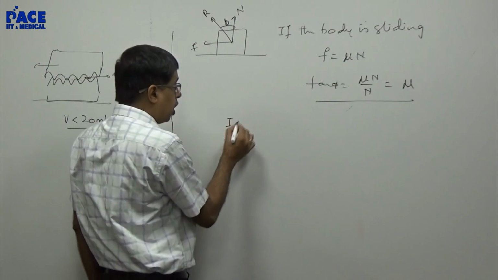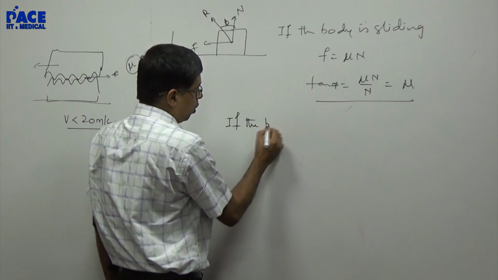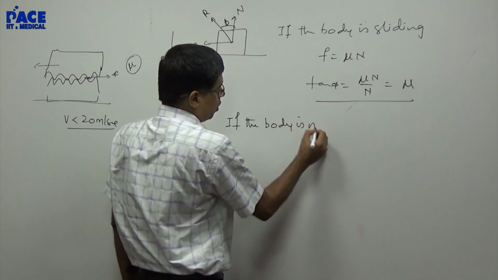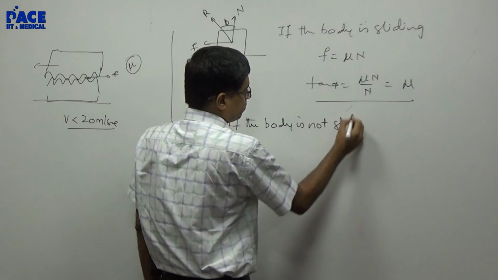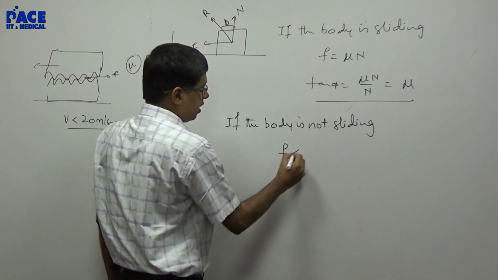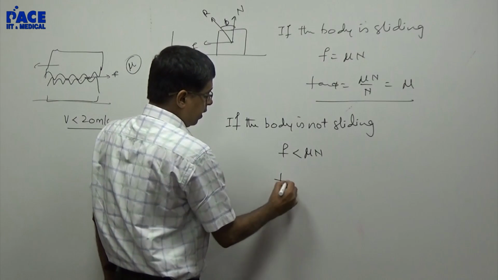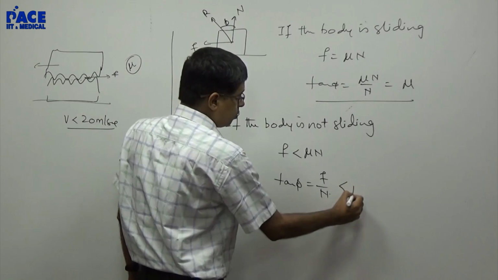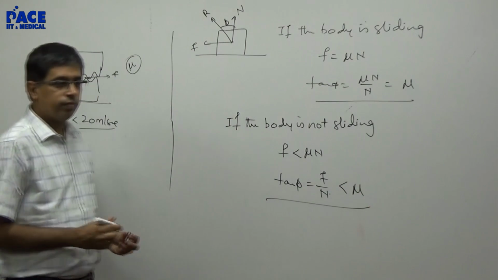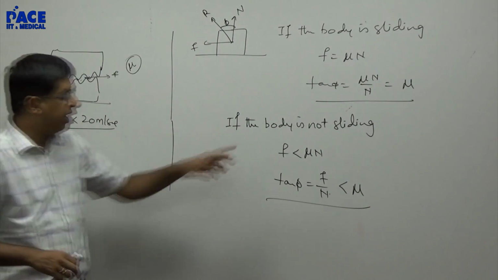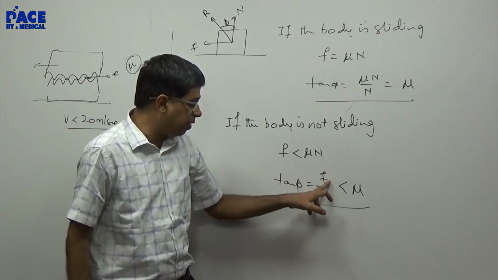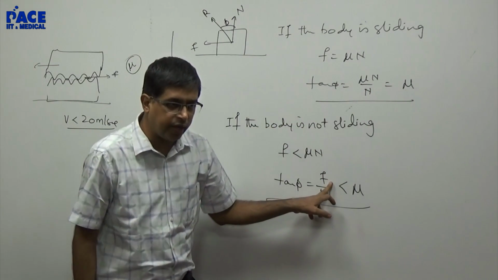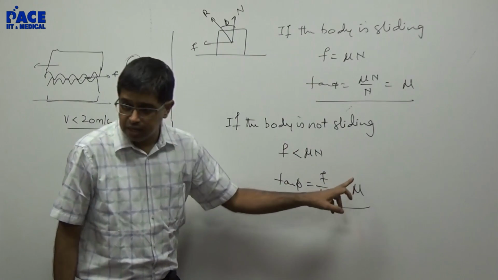If the body is not sliding, then frictional force is less than mu n. Tan phi is equal to frictional force by n. This will be less than mu. Tan phi will be less than this particular value because frictional force is less than mu n. So tan phi will be less than mu.